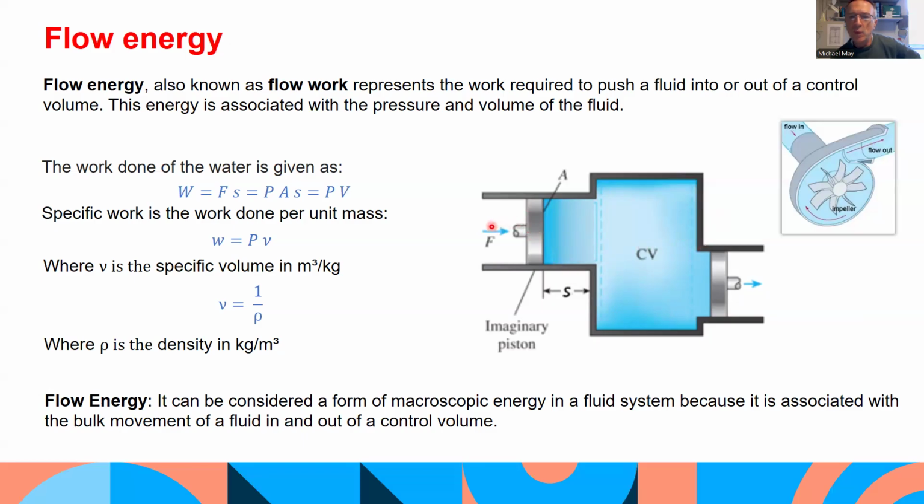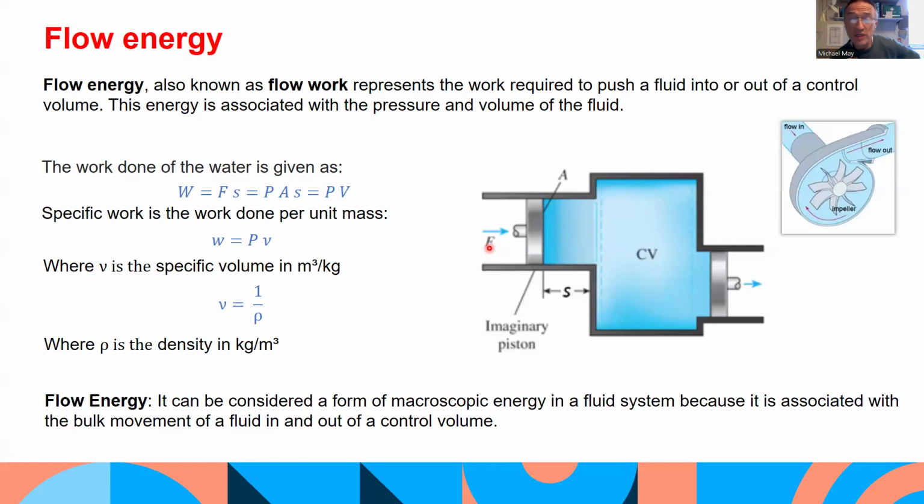The work, as we'll see later on when we cover work, is force times displacement. The force pushing that piston by the displacement of the piston. Now, pressure equals force over area. You may have come across that mathematical expression before.